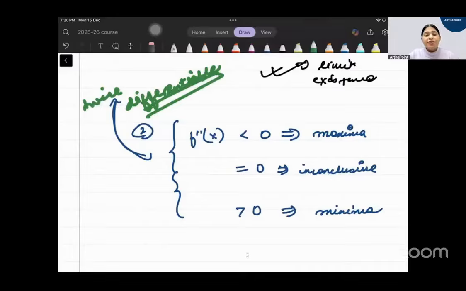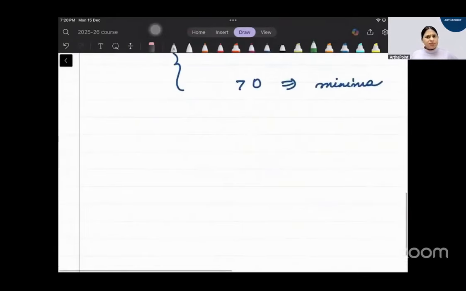The function should be differentiable twice, right? So this is the first thing which we require कि maxima, minima ये सब तो बात का बात है, right? But basically we need that the function should be twice differentiable. ठीक?